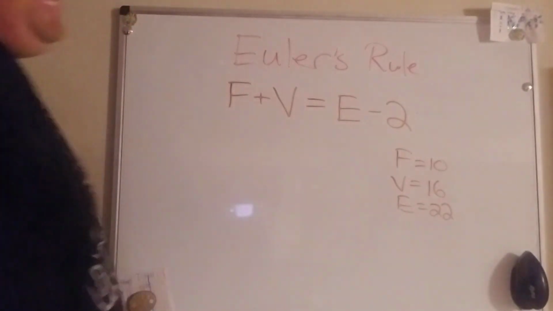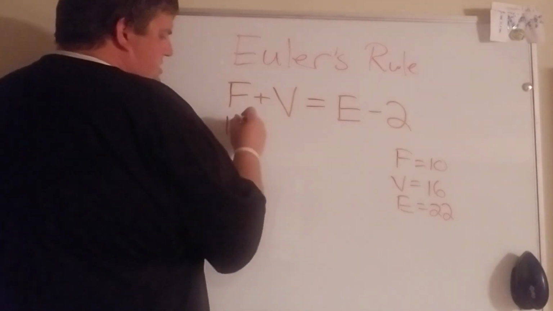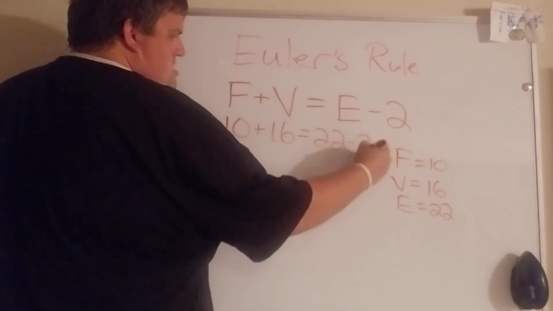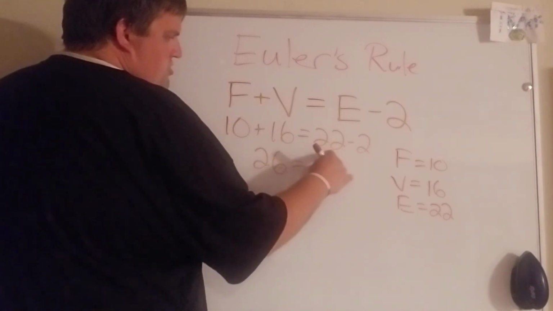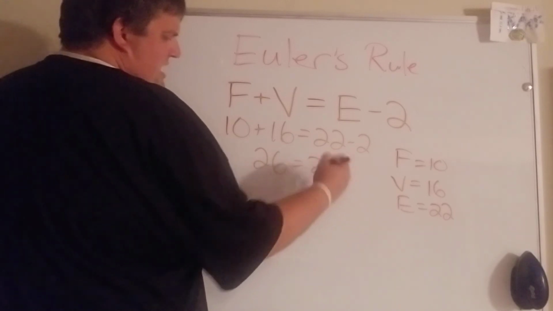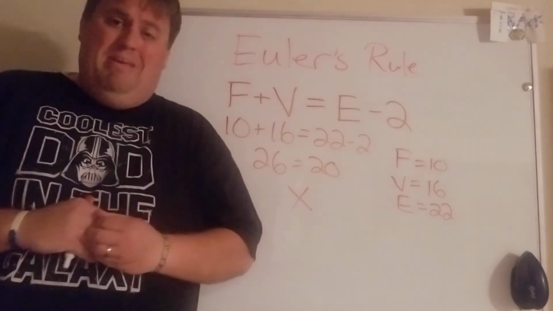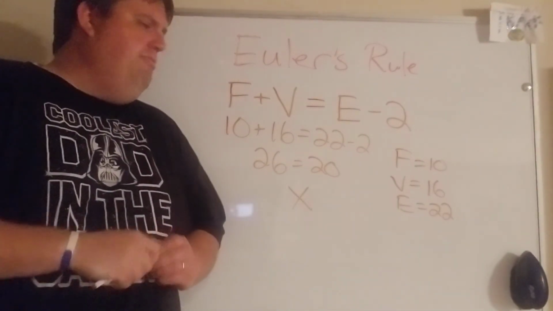Would that make a solid? Would that make a three-dimensional shape? So if we plug in all of these things, 10 plus 16 is 26. 22 minus 2 is only 20. Nope, that would not make a three-dimensional shape, because Euler's rule has to be true if it is a three-dimensional shape.